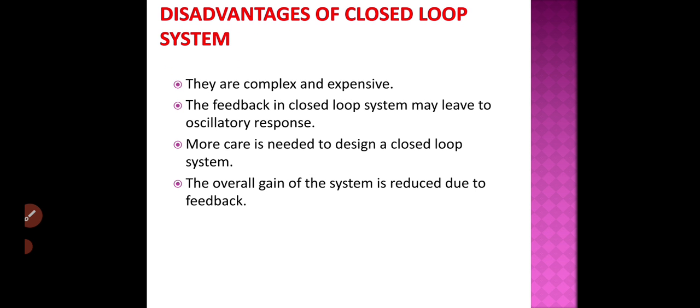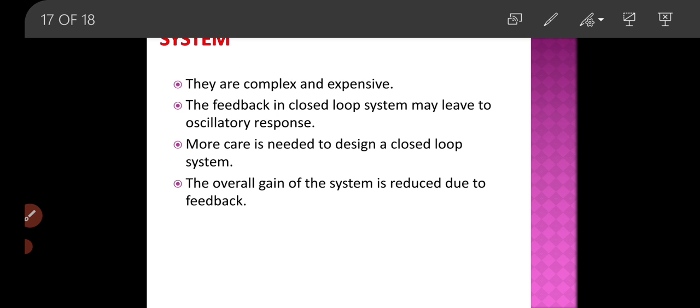The feedback in a closed loop system may lead to oscillatory responses. More care is needed to design a closed loop system. The overall gain of the system is reduced due to the presence of the feedback. These are the advantages and disadvantages of the closed loop control system and open loop control system.